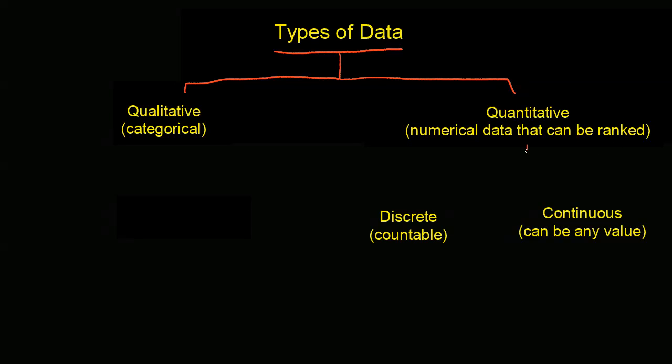Once you've decided you're quantitative, there are two different breakdowns. There's discrete data, which is countable, and then continuous data, which can be any value. For example, for discrete countable, maybe the number of hairs on your head.